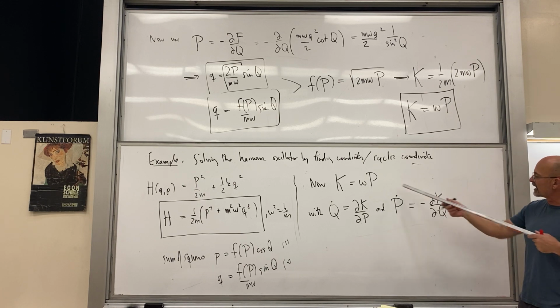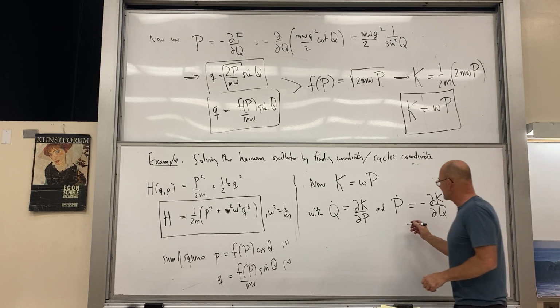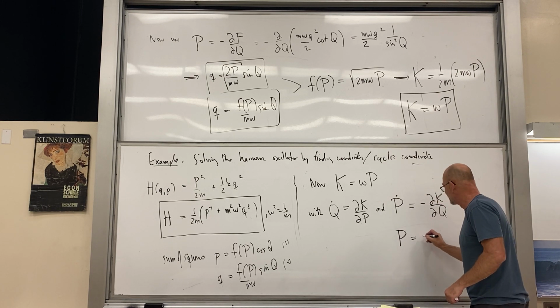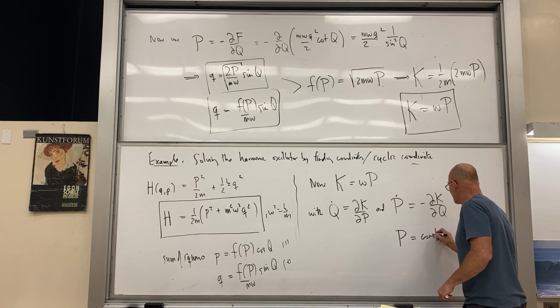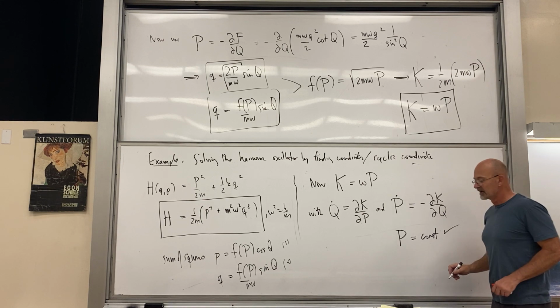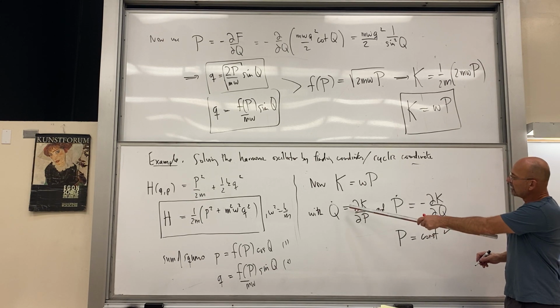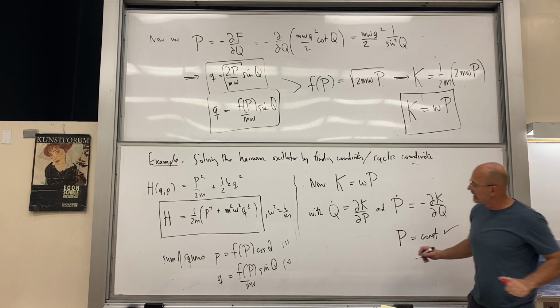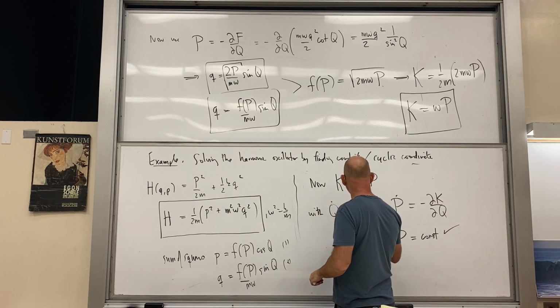There's no explicit capital Q, so we immediately have P is constant. What about Q dot here? Q dot is equal to dK dP, so Q dot is equal to omega.